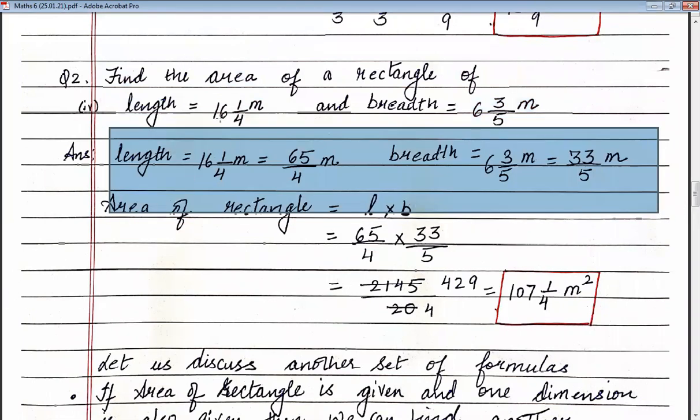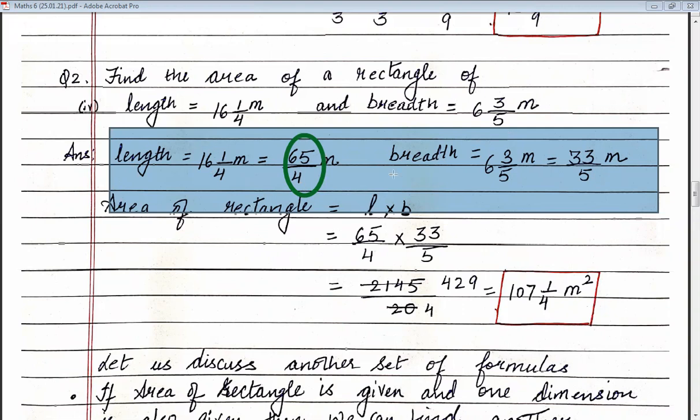So, after converting 16 1 upon 4 meter, you will get 65 upon 4 meter. I hope everyone knows how we get 65 upon 4. Now let me repeat. 16 fours are 64 plus 1. That is 65. It is 65 upon 4 meter.